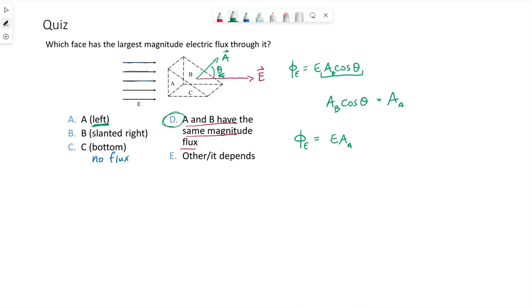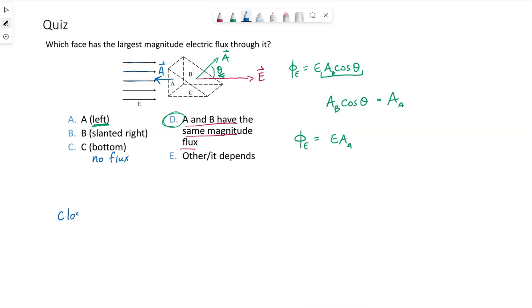Now, one side note, because the next topic we're going to get into after the sample problems is flux through a closed surface. This shape, some sort of wedge here, would represent a closed surface. The flux through a closed surface is going to be the sum of the flux through all of the surfaces, all the faces. When it comes to the area vector, surface A's area vector will point to the left, opposite the electric field in this case.